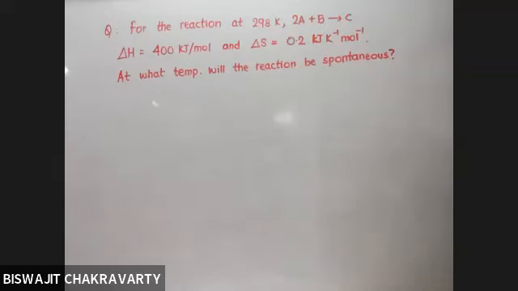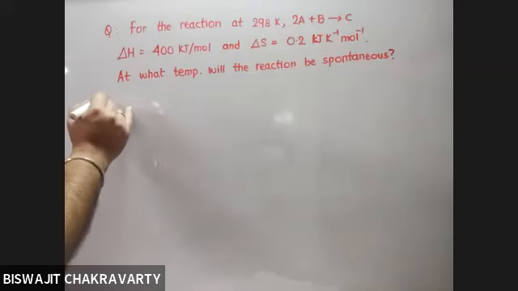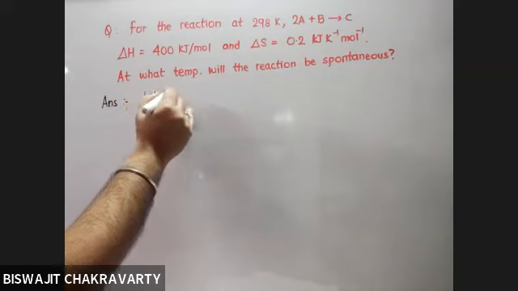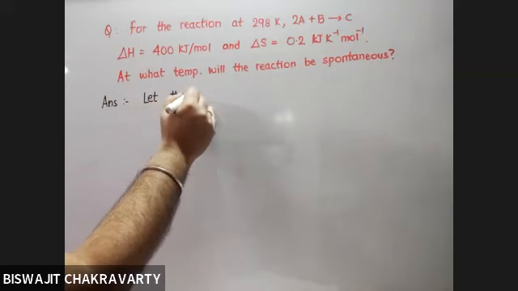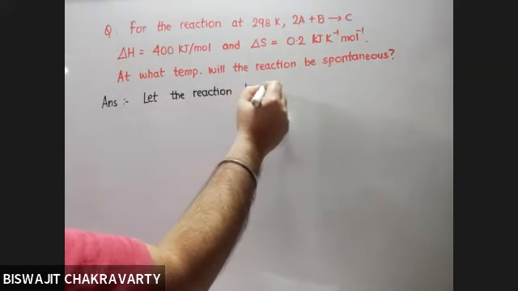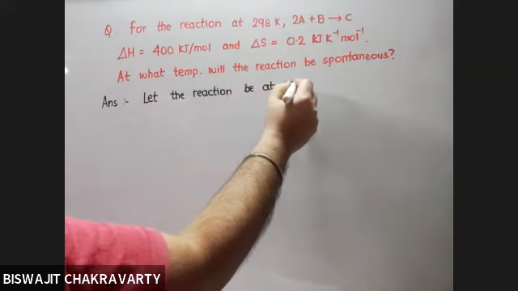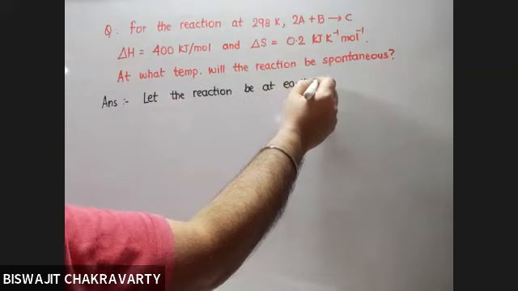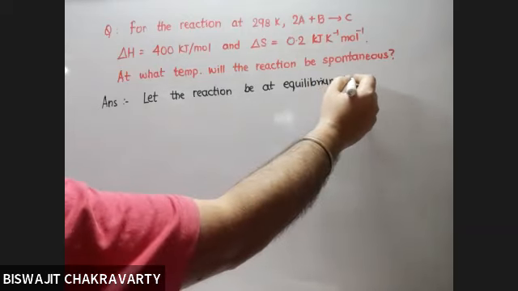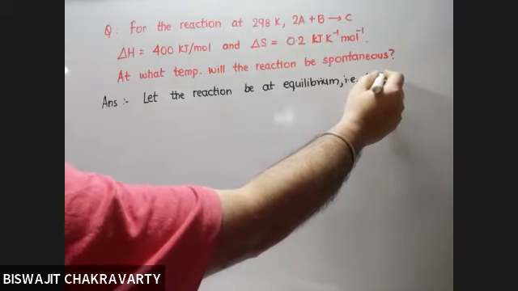So what I'm going to do is, let us assume the reaction is at equilibrium. Let the reaction be at equilibrium, and we are going to calculate the equilibrium temperature. That is, delta G is equal to 0.